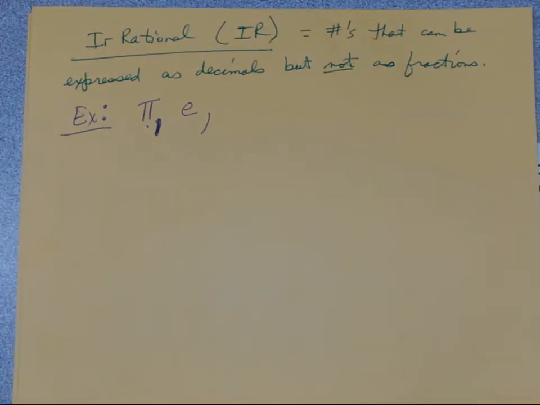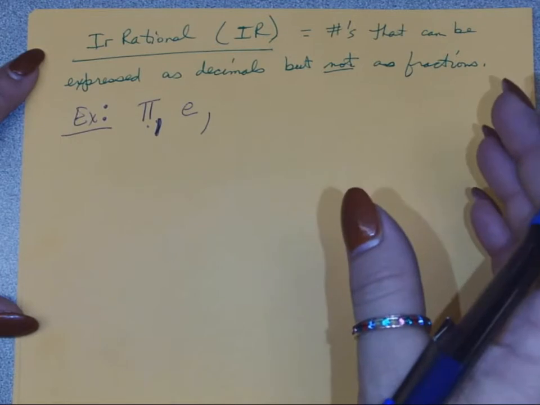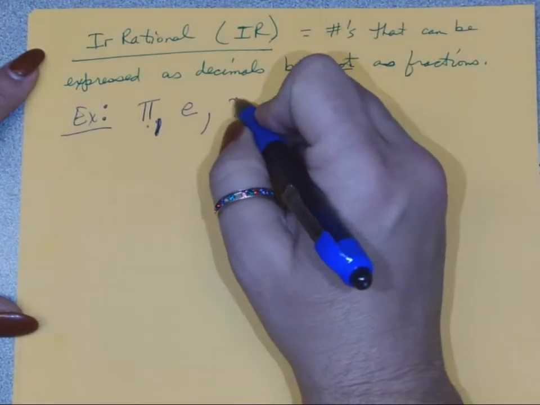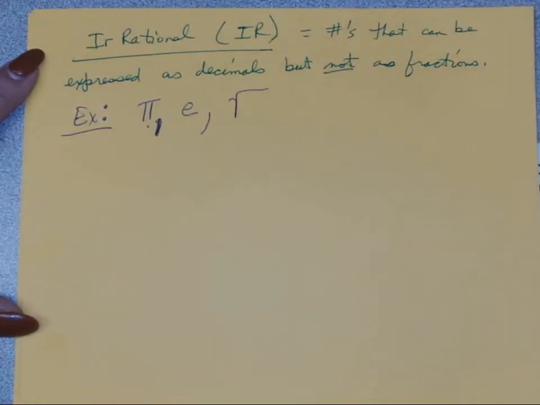But then there are a whole bunch of things that people don't necessarily think about whenever they're doing these. So I tell people all the time, you know these, you just don't necessarily know that they're irrational. For instance, there's a huge group of radicals. I'll do squares, but you could do fourth roots and stuff like that.